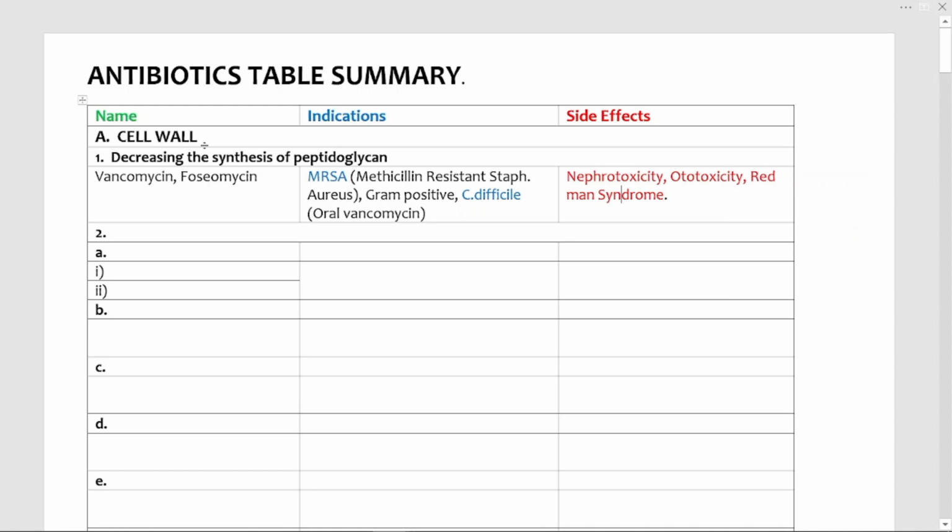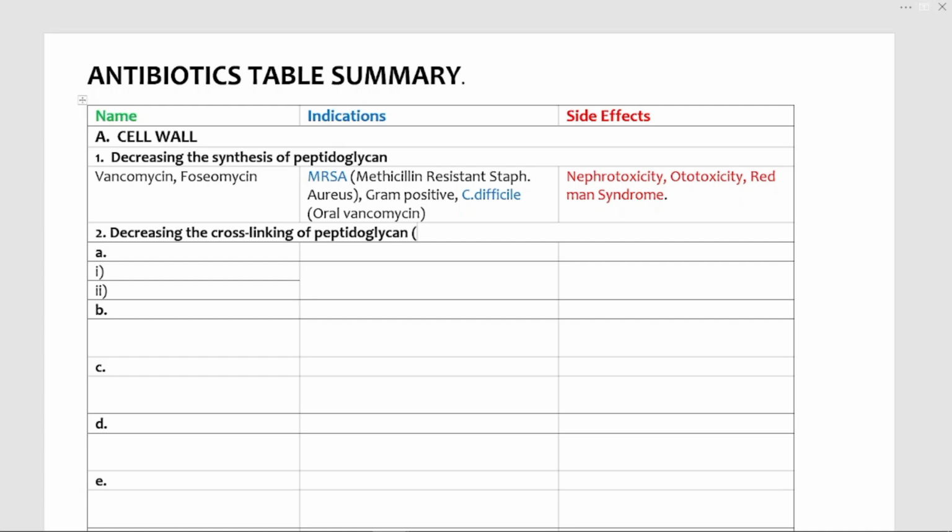So the first one is the drugs that decrease the synthesis of the peptidoglycans. Now the second category, under cell wall, we're looking at the drugs that decrease the cross-linking of peptidoglycan.